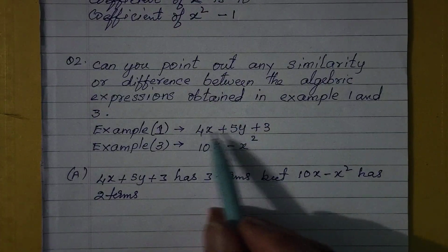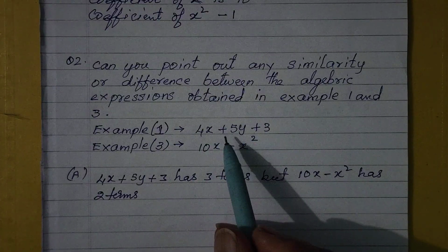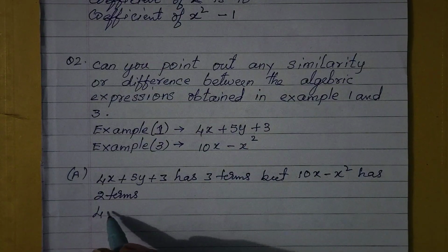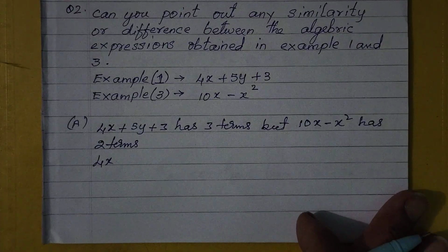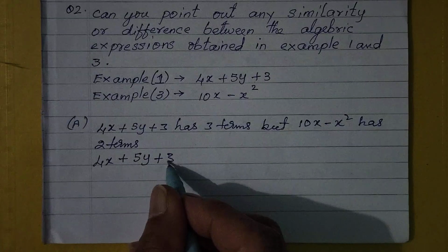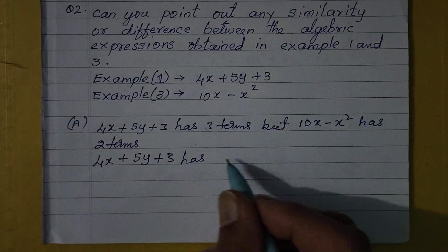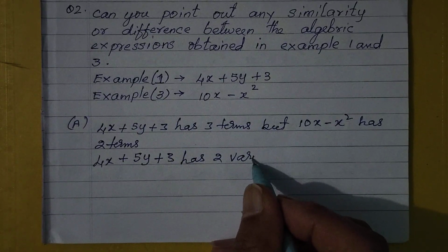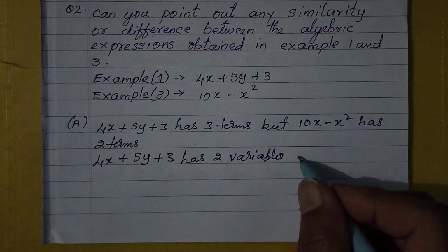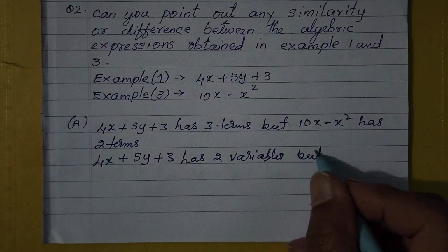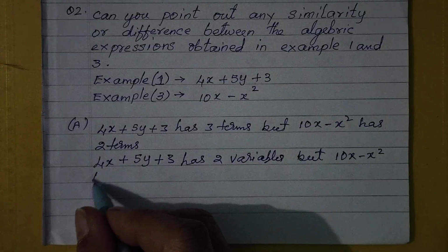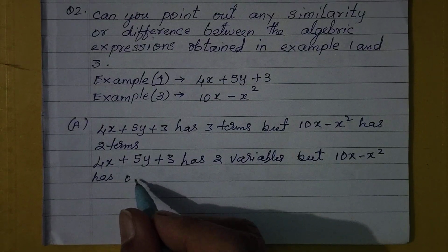And 4x plus 5y plus 3 has two variables. But 10x minus x square has only one variable.